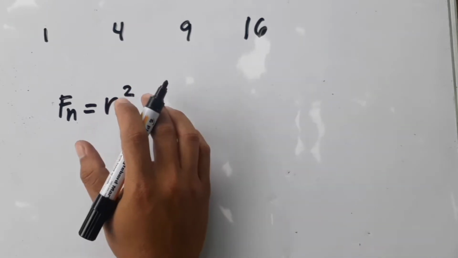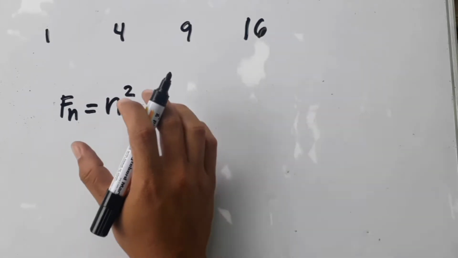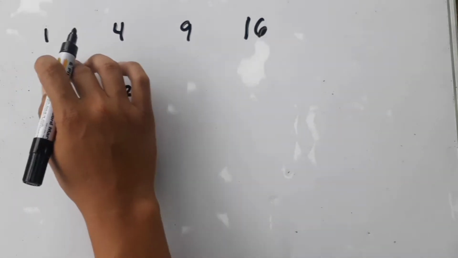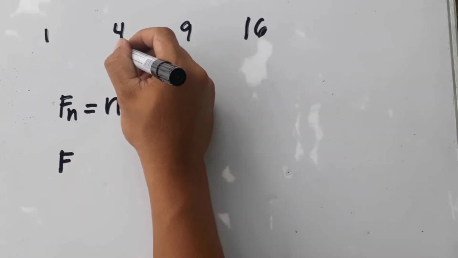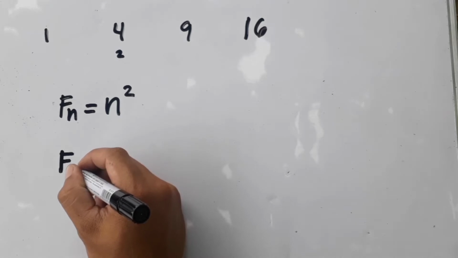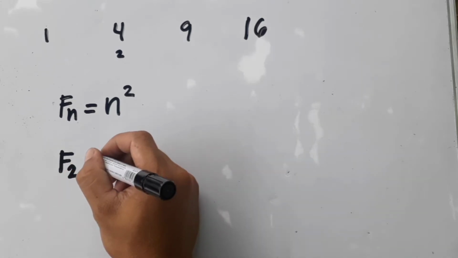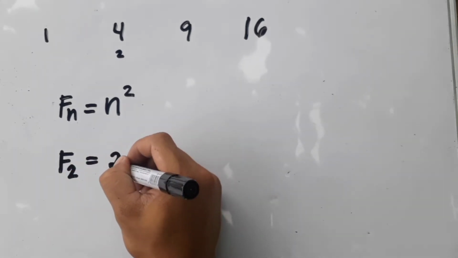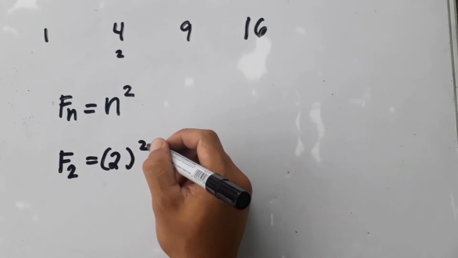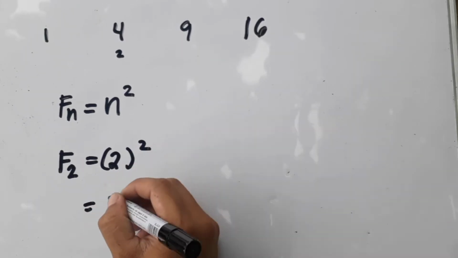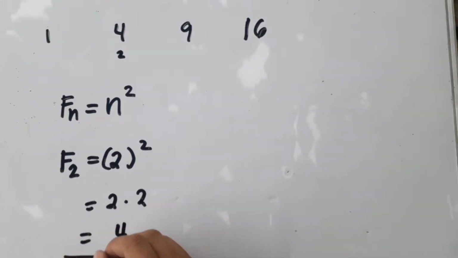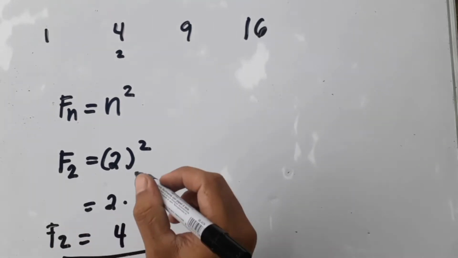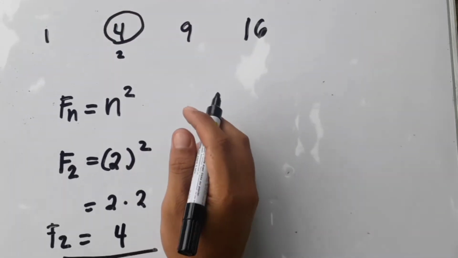Now, let us try to check if this formula will work in this sequence. So we will try the second term. So we have f sub 2 is equal to 2 raised to the power of 2. So 2 raised to the power of 2 is equal to 4. So our second term is equal to 4.